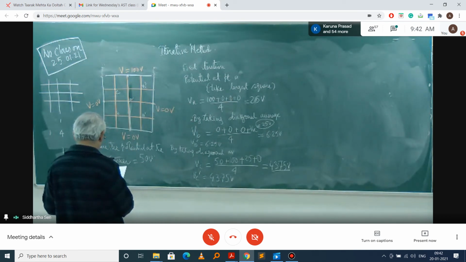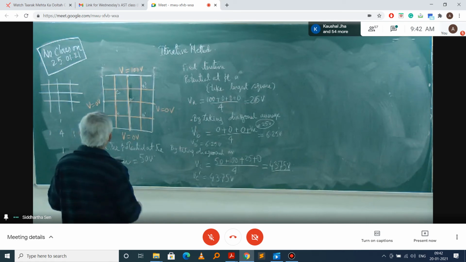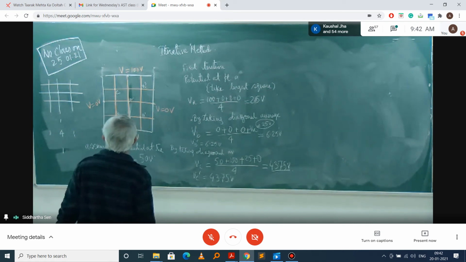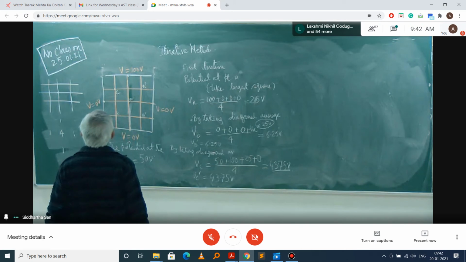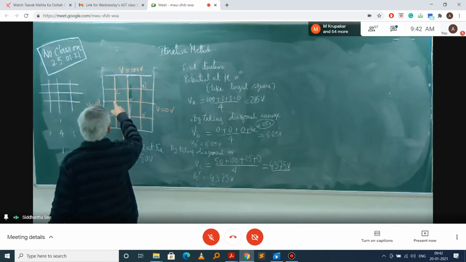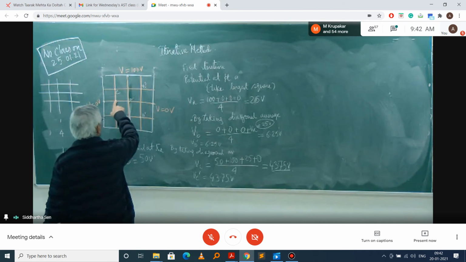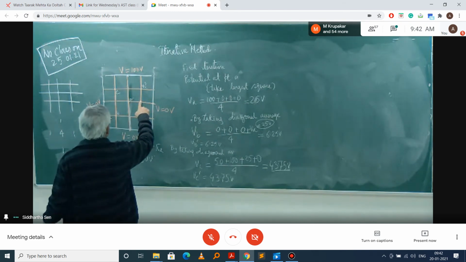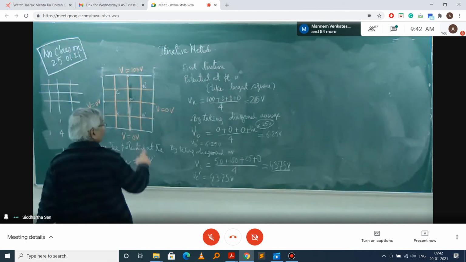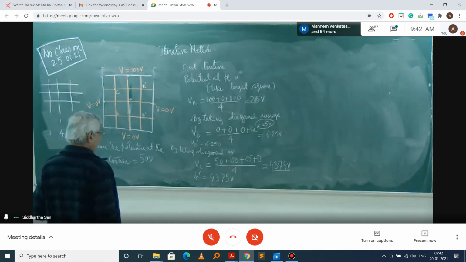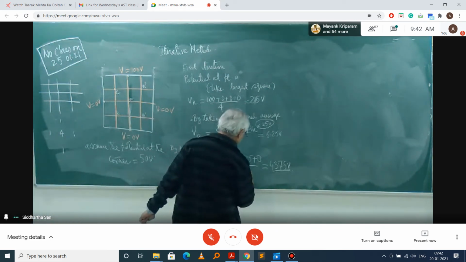Now, what we can do is that if we have taken all these points, then definitely I can find out the other potentials. Because this potential I can find out, this potential I can find out, and this potential I can find out. Other points can be found.